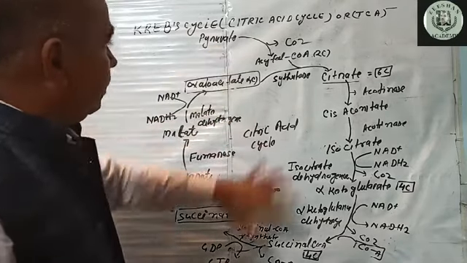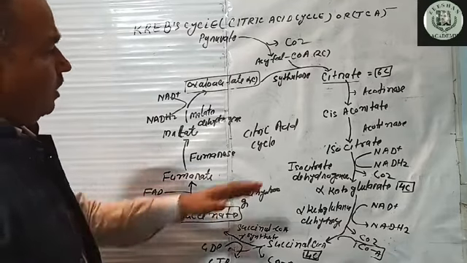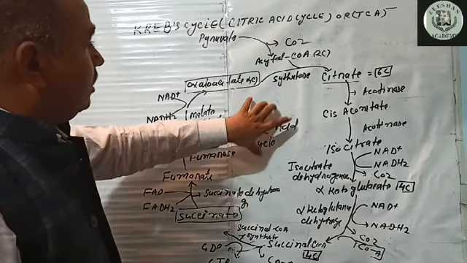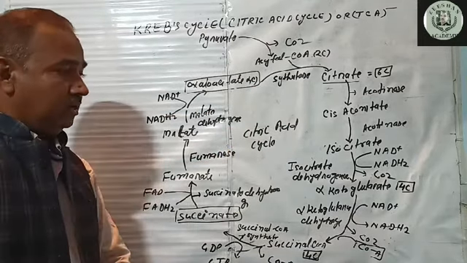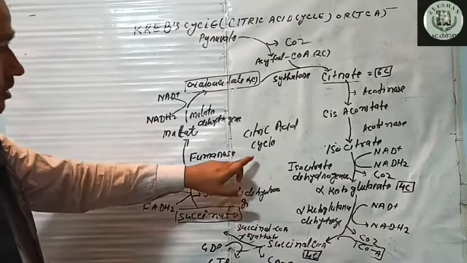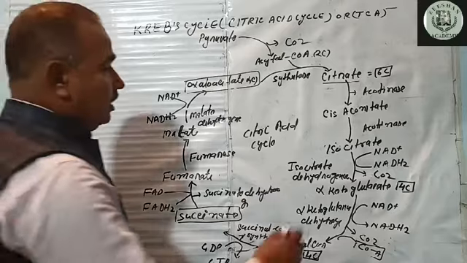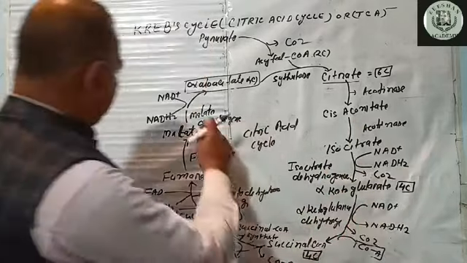carbon takes place. Now we can calculate how many ATP are directly or indirectly produced by the citric acid cycle. We know that there are 3 steps where NADH2 is formed: 1, 2 and 3.